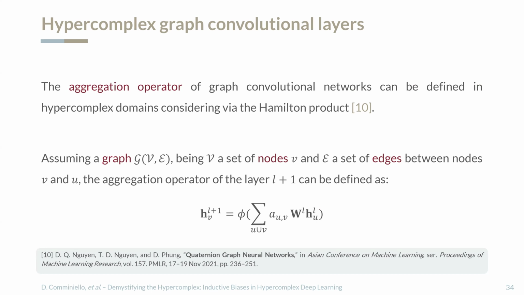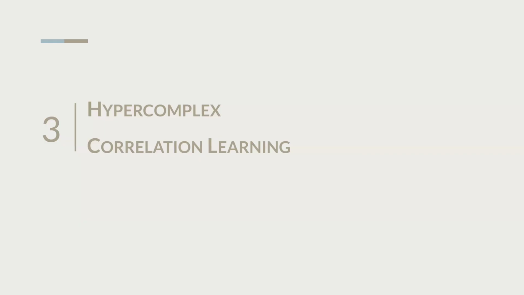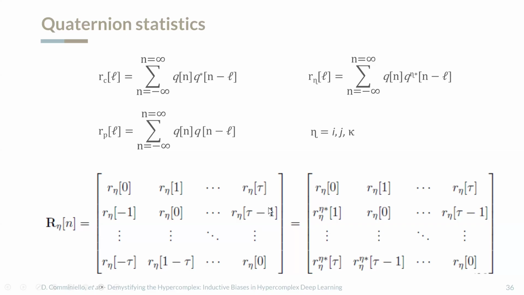So given a redefinition of the operation, we can implement a lot of layers. Based on this, we can see very quickly how to exploit some correlation.